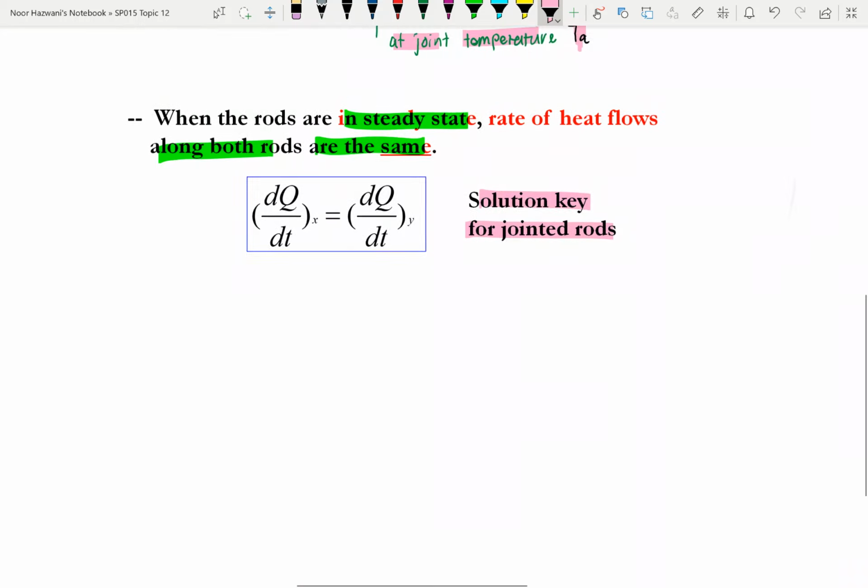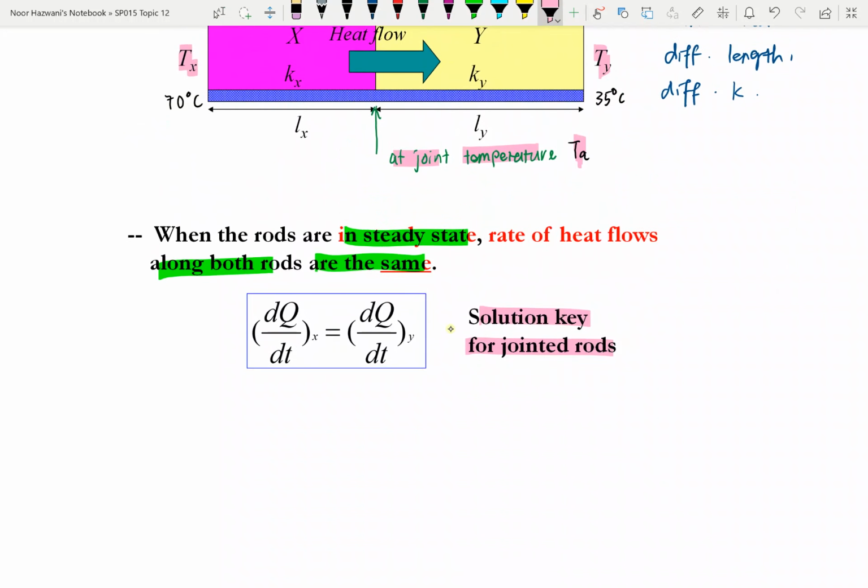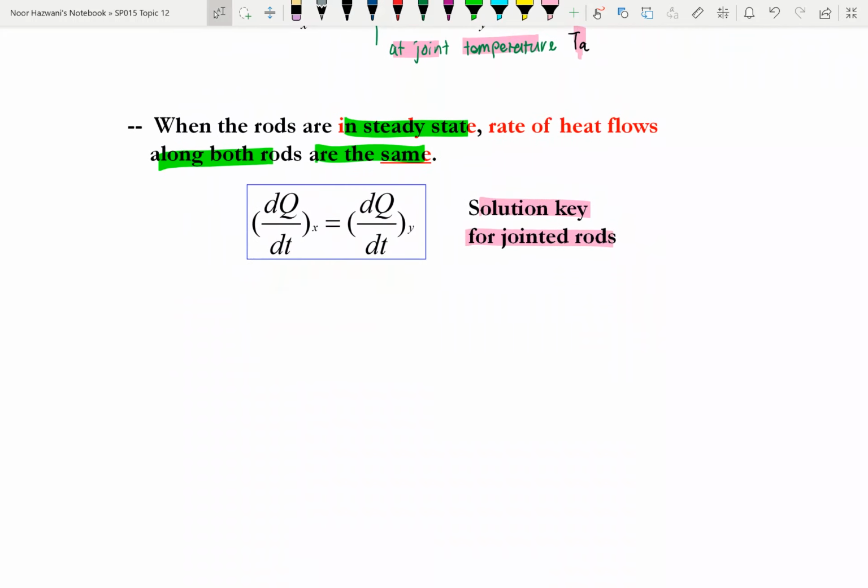So macam mana kita nak buat? Okay, once you dah tulis the solution key ni, the main idea, then you akan masukkan equation tadi dQ per dt sama dengan negative K A dT per dx.